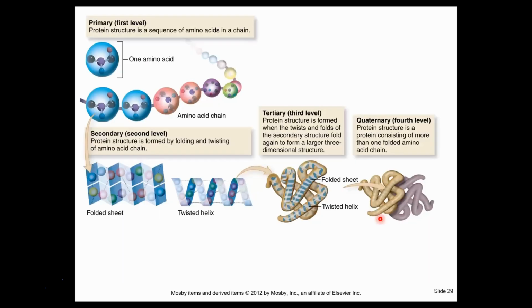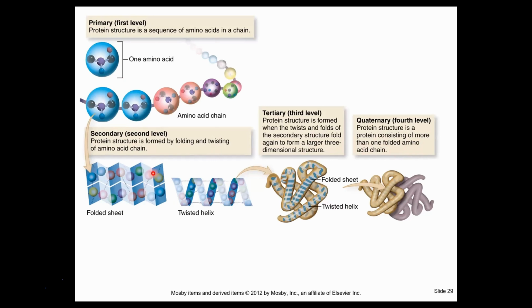Okay, so as the proteins are made in the cytoplasm of your cells, and this process is taking place as we are talking with you right now, they are actually folded. You know, they are folded into eventually a tertiary and quaternary level.